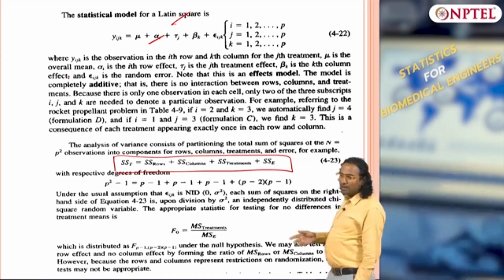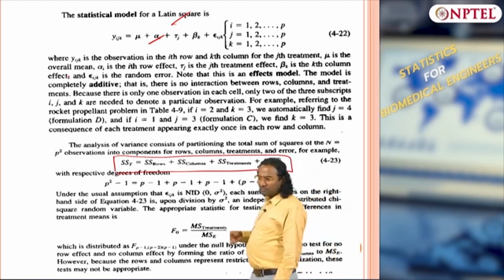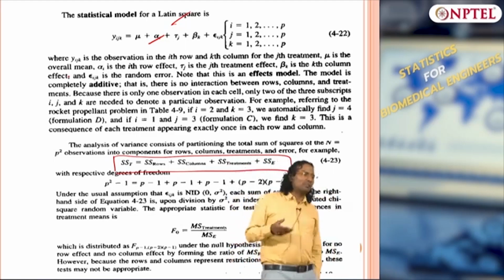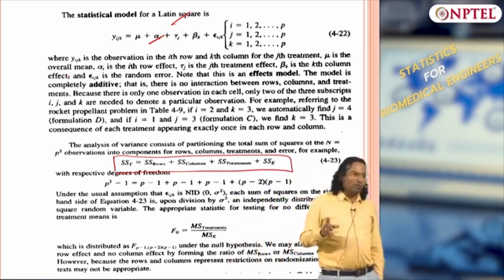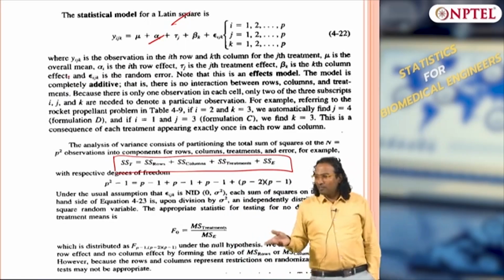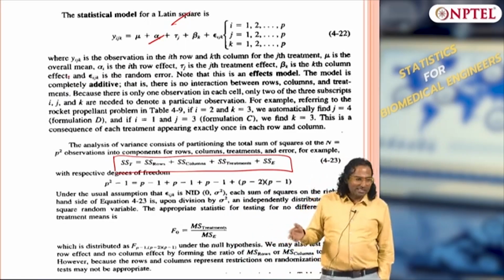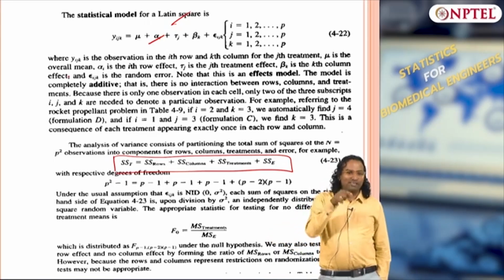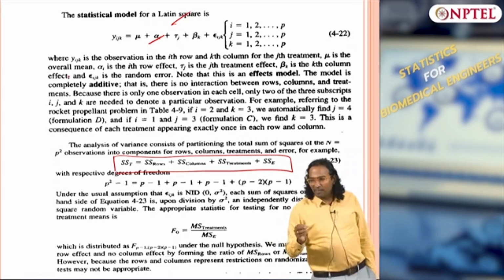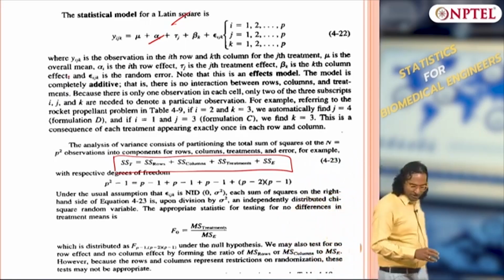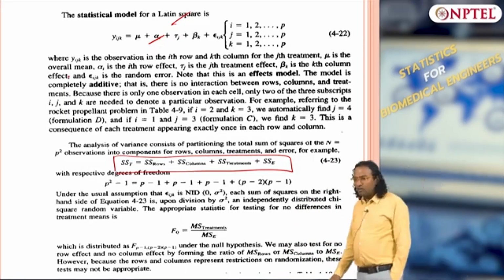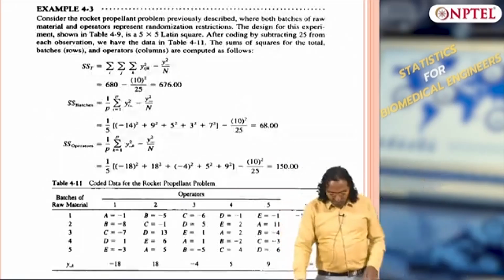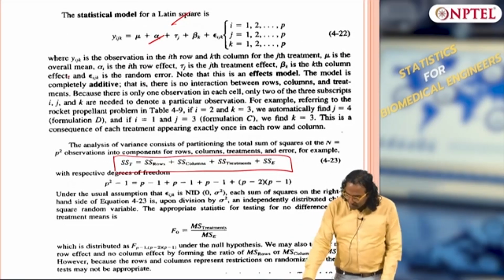So 3p parameters, so 3p plus 1, and that depends on the square design itself. If you take a 4 cross 4, it is going to be 13, 5 cross 5 it is going to be 16, etc. The P is the Latin square itself, the square number is the P. So you have 3p plus 1 equations, and your F statistic is going to be again mean square treatment by mean squared error.